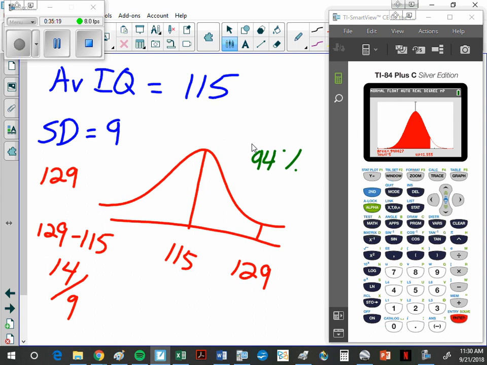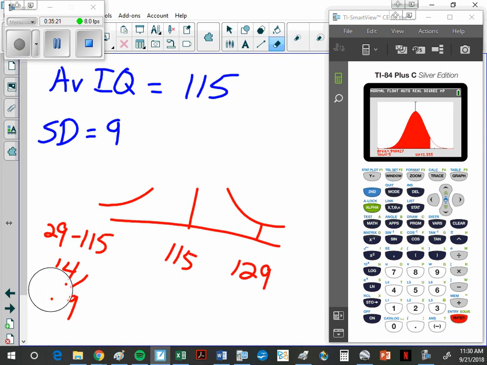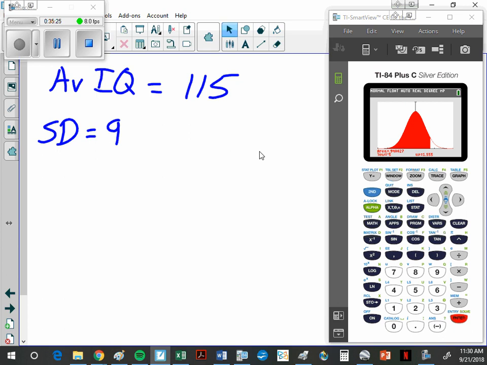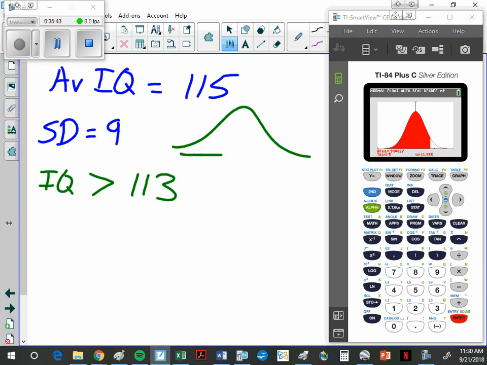What if I wanted to know how many people in the class have an IQ that is larger than 113? So I draw my curve, I put 115 in the middle, and 113 is just slightly to the left.